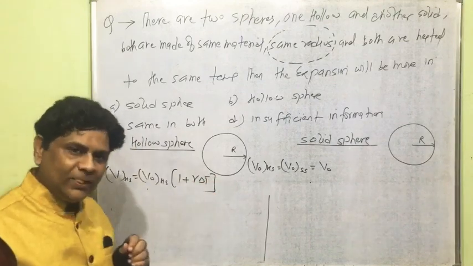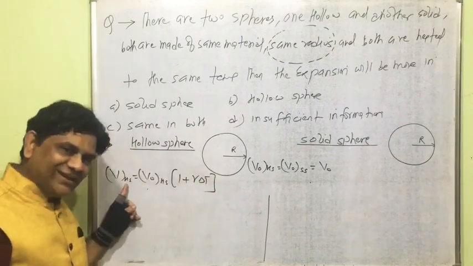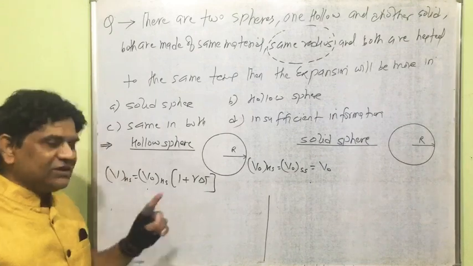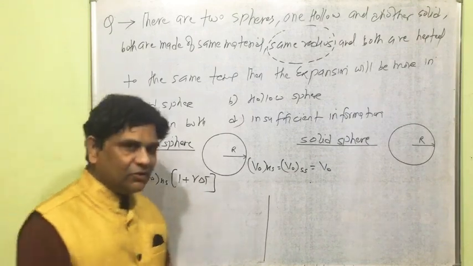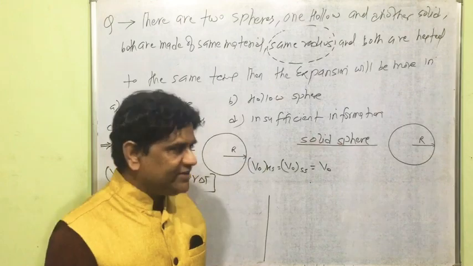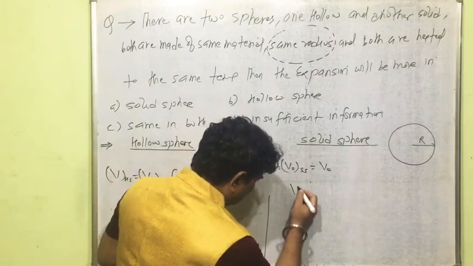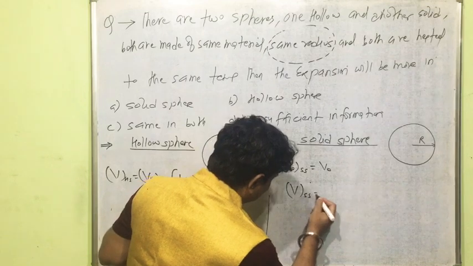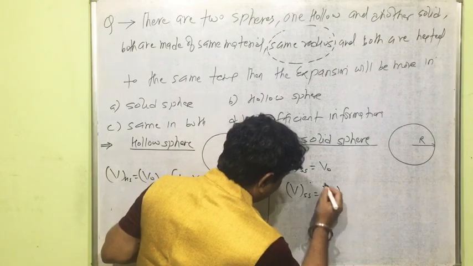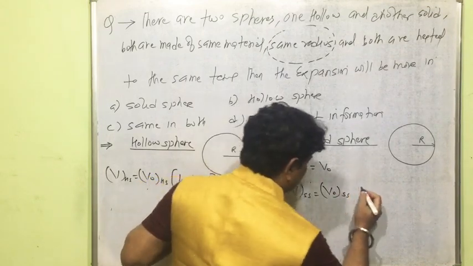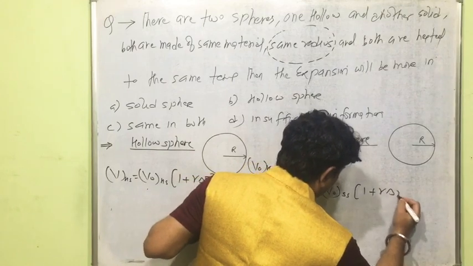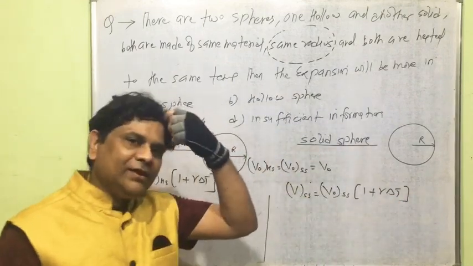In the same way, the final volume of the solid sphere is equal to the initial volume of the solid sphere into 1 plus gamma into delta t.